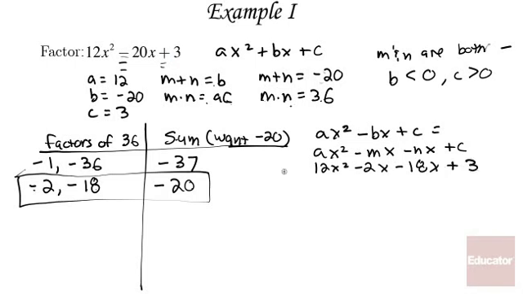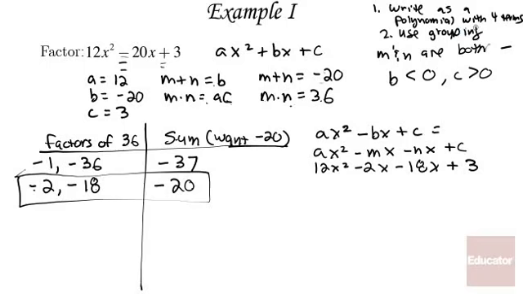So now that I have this written as a polynomial in 4 terms, I'm going to solve by grouping. So first, write as a polynomial with 4 terms. Second, use grouping to factor. Factor by grouping.